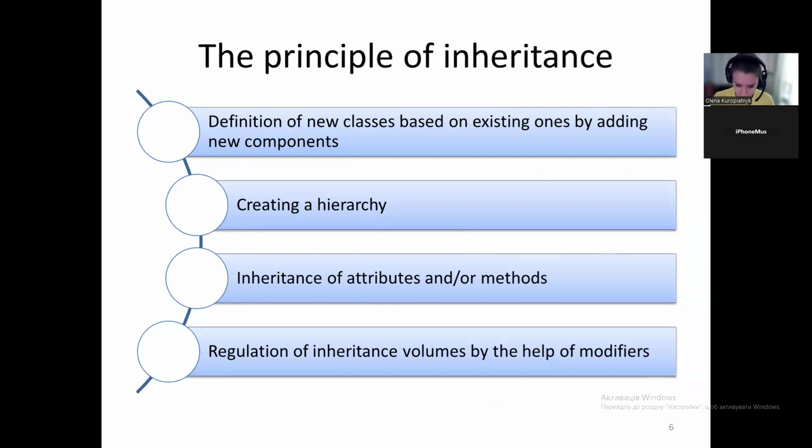If we have classes, we can add a new characteristic for them, and for this we can use the principle of inheritance. Inheritance means the definition of new classes based on existing ones by adding new components.